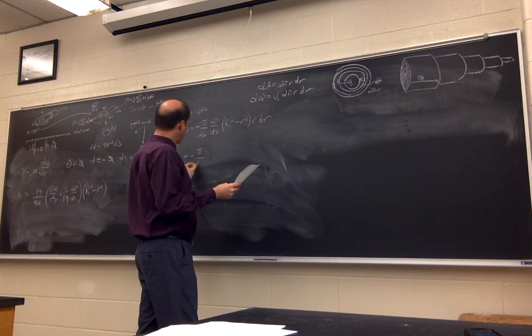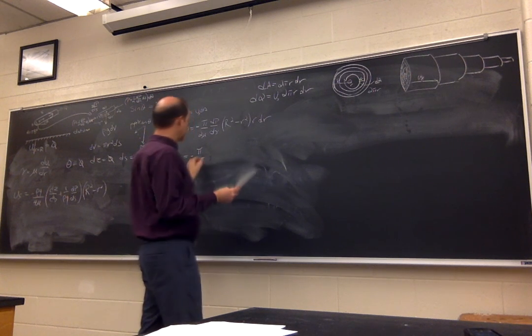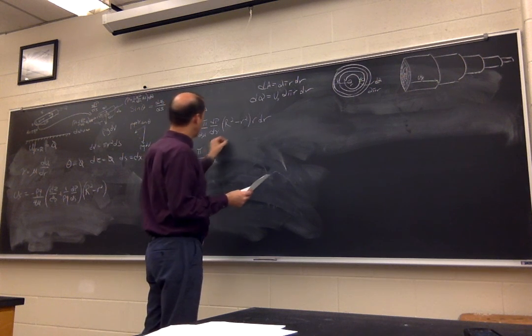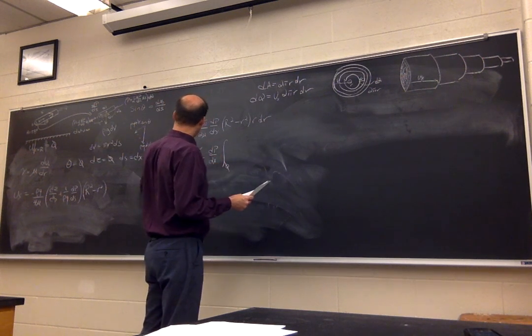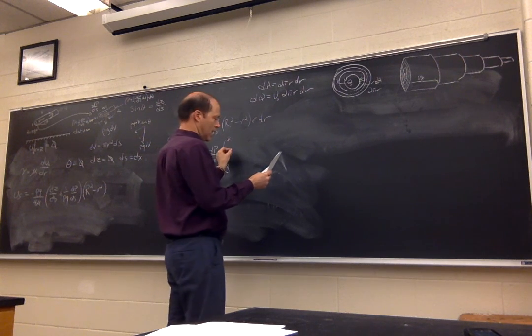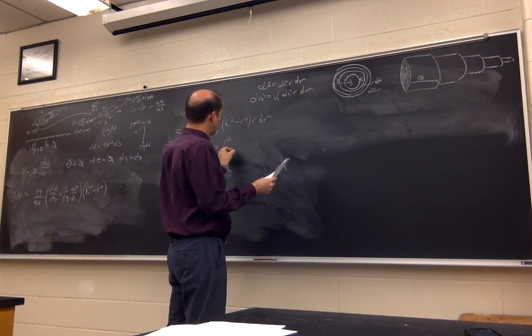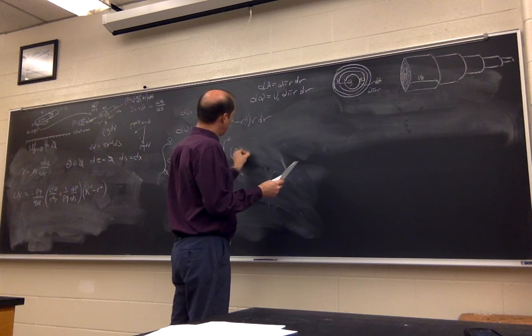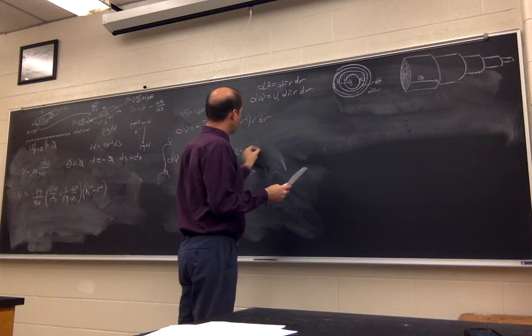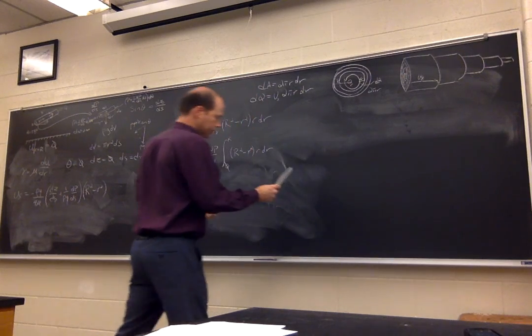Pi over 2 mu, those are all constant. dp over dx, that is a constant. Now I'm integrating from 0 all the way to big R, because that is the total radius of this tube, of big R squared minus little r squared times r dr.